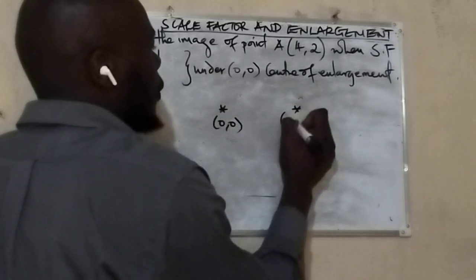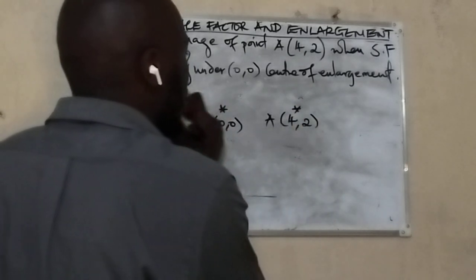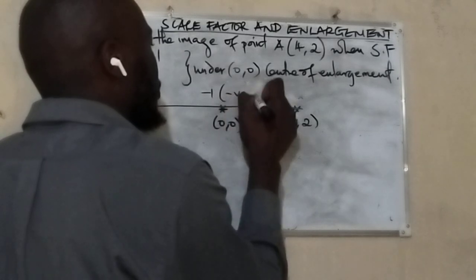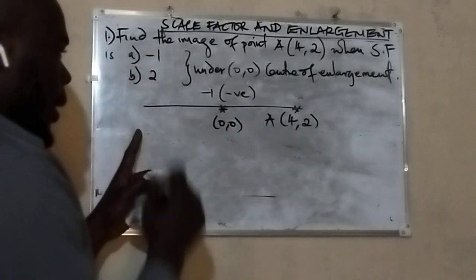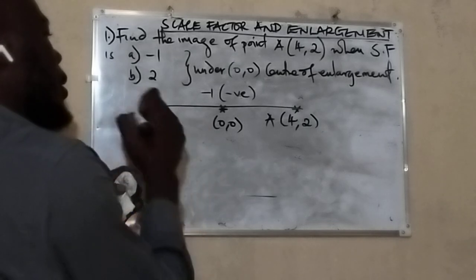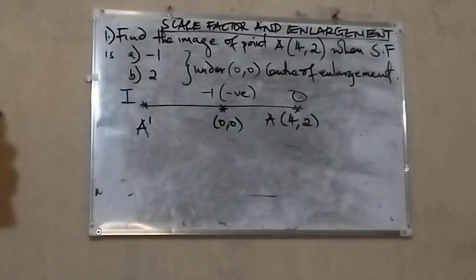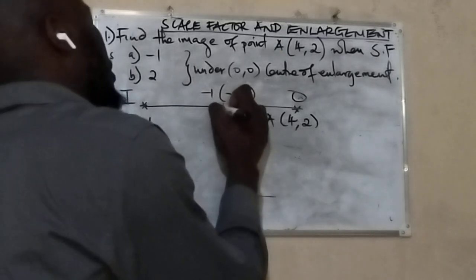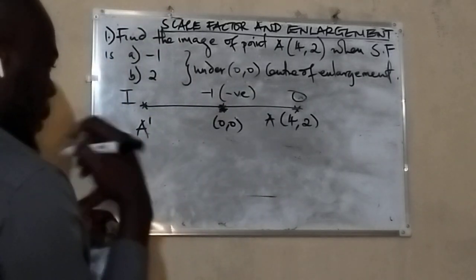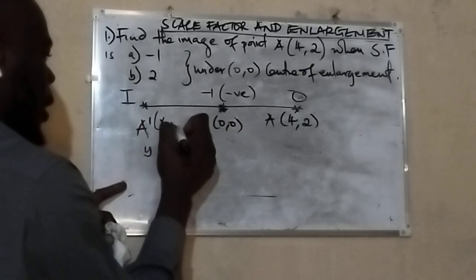Then you have your coordinates 4, 2. Point A is 4, 2. Since you are dealing with negative 1, the image should be on this side. A prime will be this side. You have your object and image. Let's say here you have an unknown x, y.